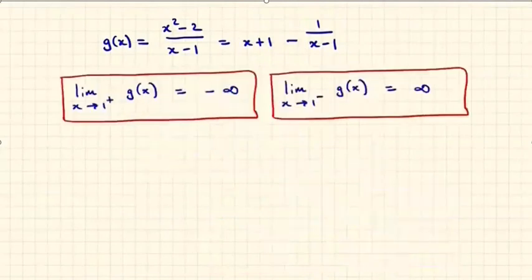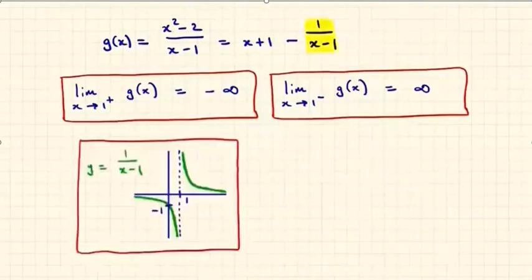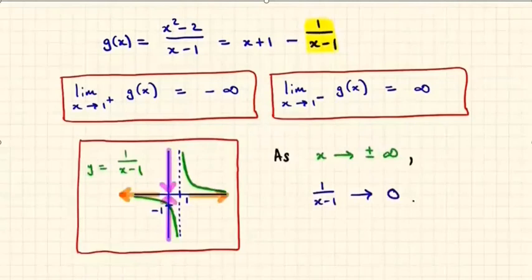But there is more information available from the hyperbola. As x gets large, positively or negatively, 1 over x minus 1 approaches 0. We can see the overall effect on the rule for g of x. For large positive or negative x, g of x becomes approximately x plus 1, because the piece 1 over x minus 1 is close to 0.